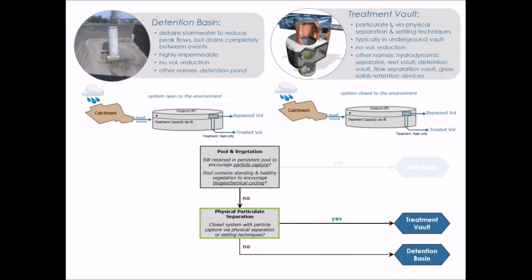When functioning properly, pollutant concentrations should be reduced, but no stormwater volume reductions occur. Note here that hydrodynamic separators or other BMPs that we classify as treatment vaults can come in many sizes, including small units that can be placed in drop inlets that only drain 100 square feet of roadway. This variability in treatment vault sizing will also be addressed in the guidance video on determining decentralized BMP types.